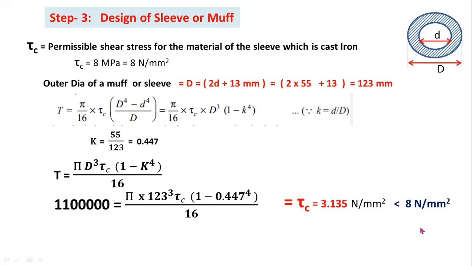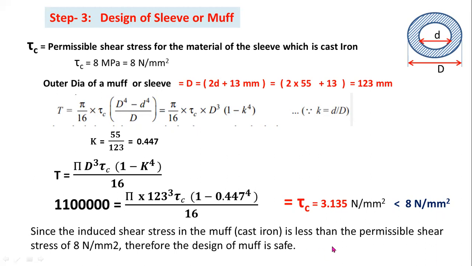But in our question, already we know that the permissible shear stress in the coupling material is 8 megapascal. 3.135 is the induced shear stress. This induced shear stress is less than the given permissible stress, so the design of our sleeve is also safe.